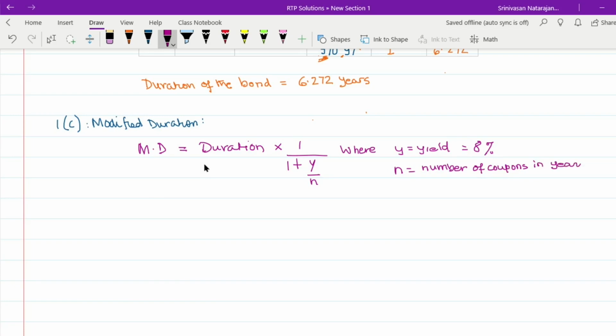And in this case, since the bond is paying coupon annually, n will be equal to 1.